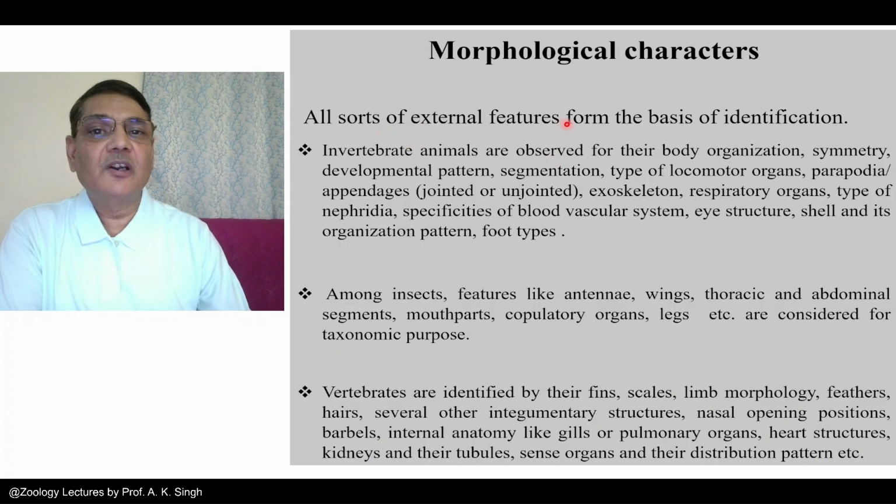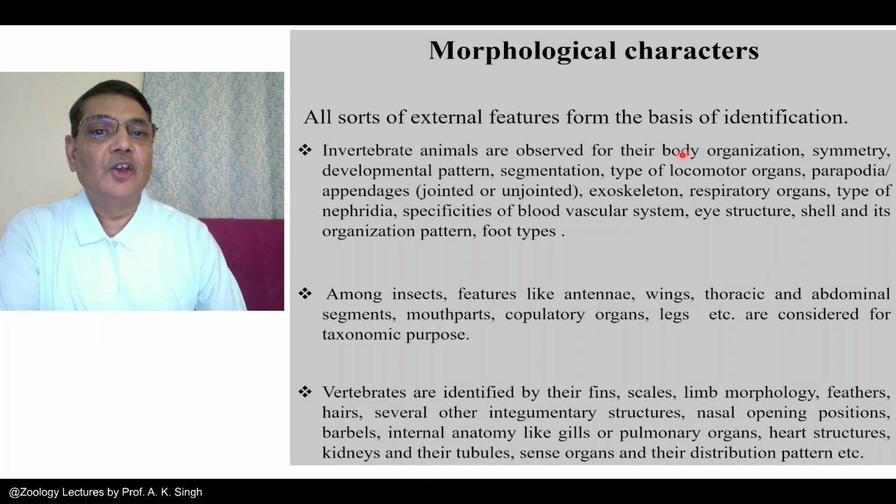All sorts of external features form the basis of identification for morphological characters. That is, in case of invertebrate animals, we observe the external morphology of the animal, that is their body organization.